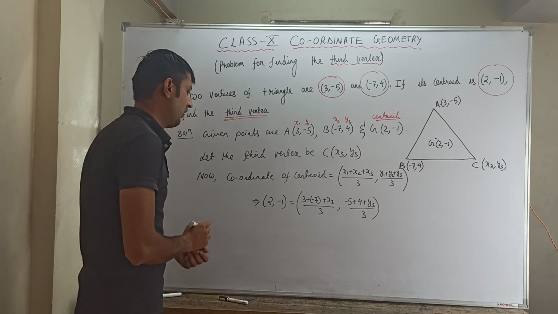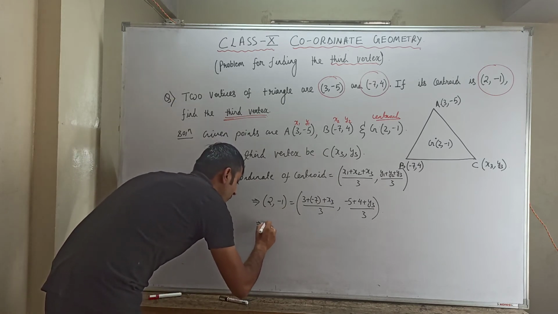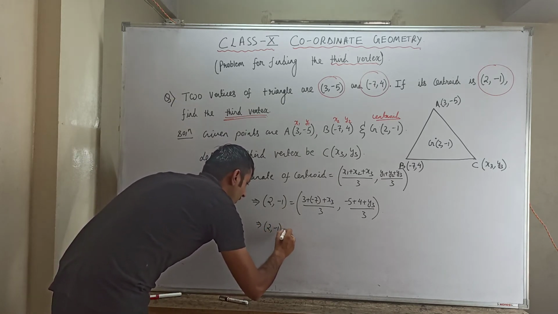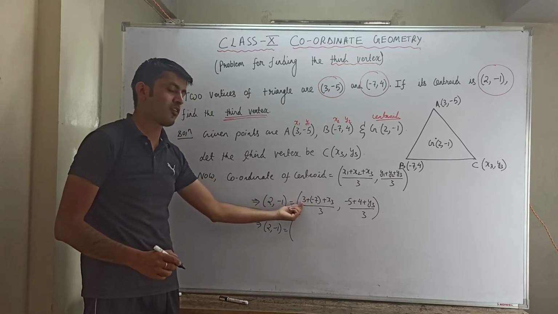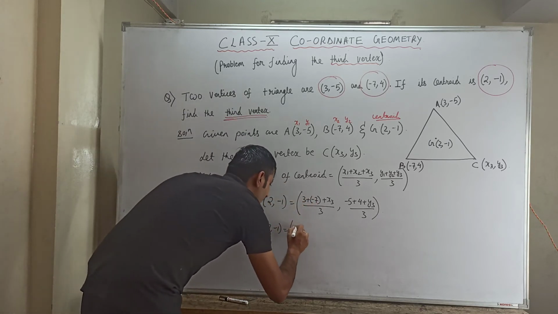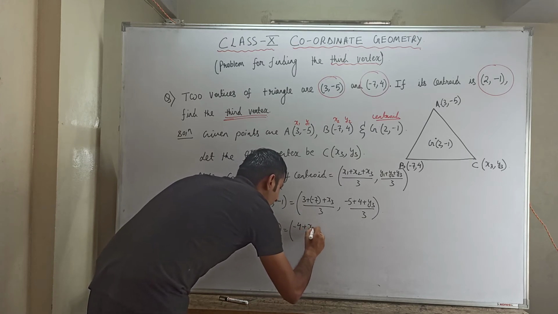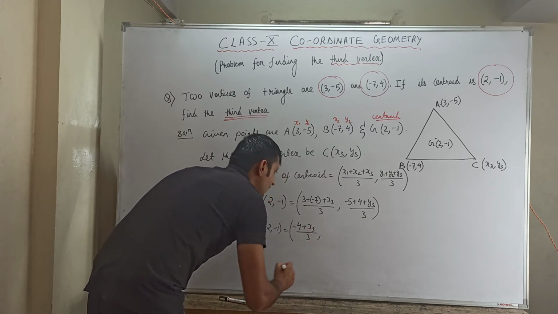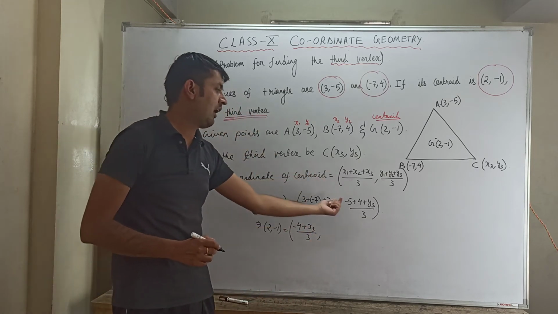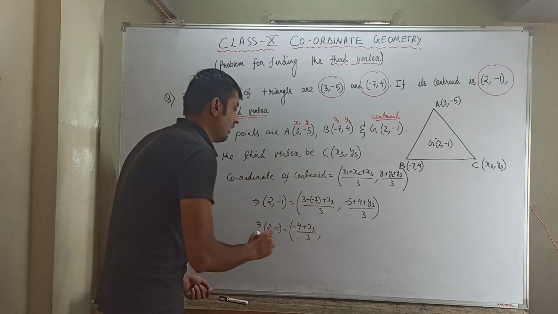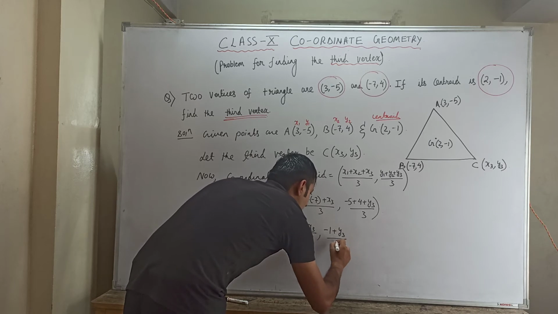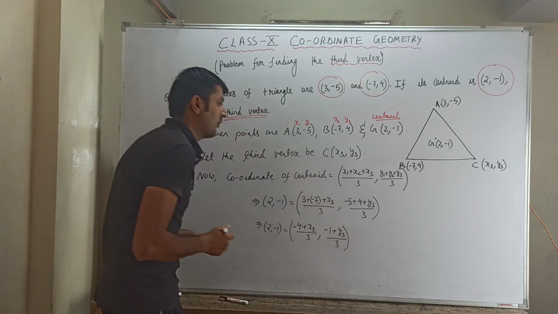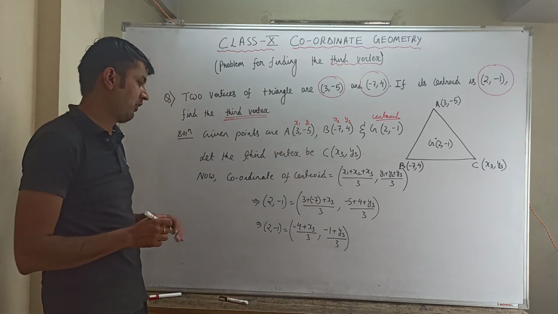Now let us do the simplification. (2, -1) equals: -7 plus 3 becomes -4, so (-4 + x3)/3, and -5 plus 4 becomes -1, so (-1 + y3)/3.